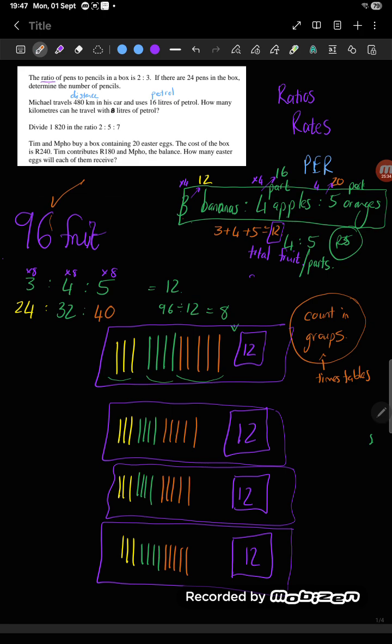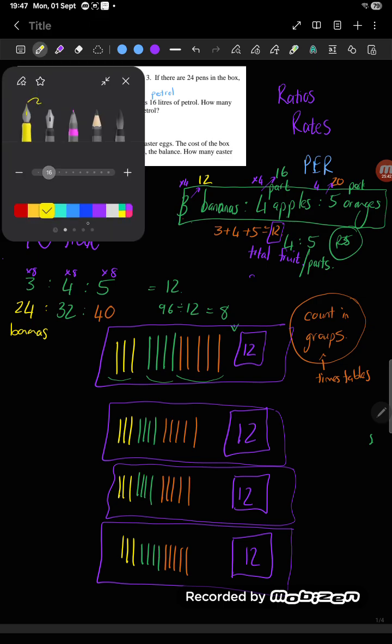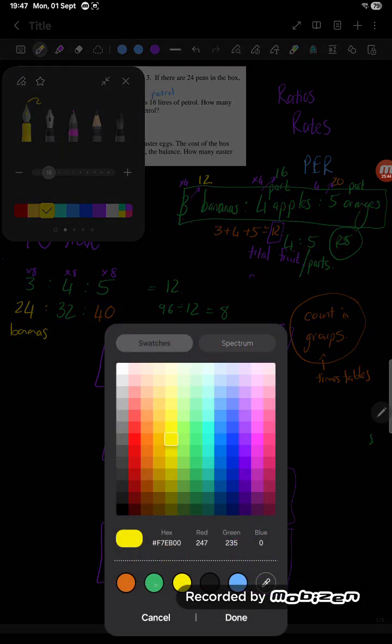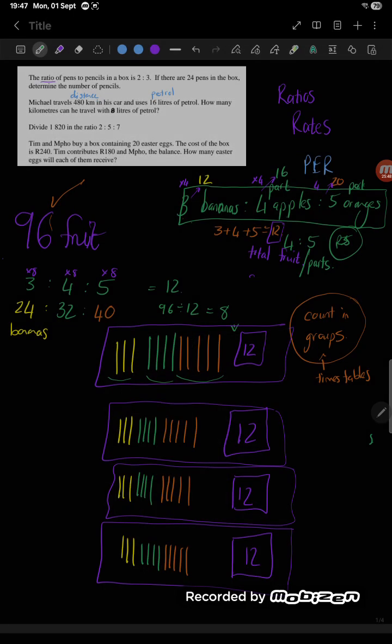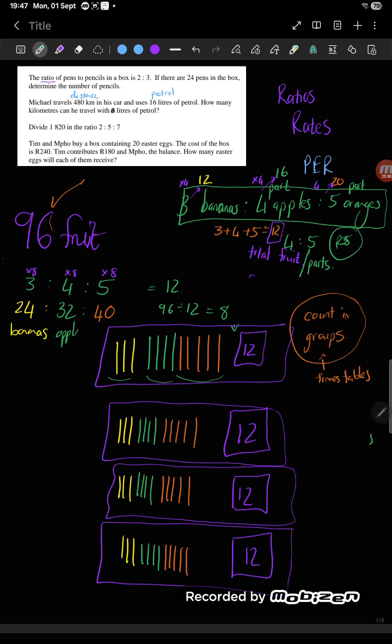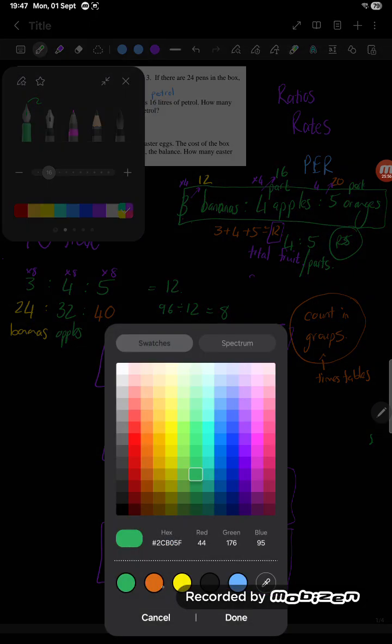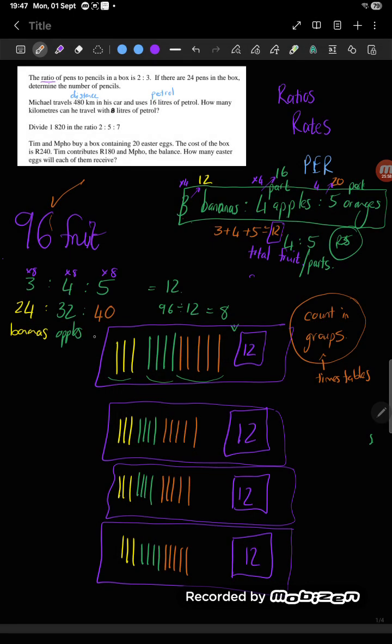So I'm going to have 24 bananas, 32 apples, and 40 oranges.